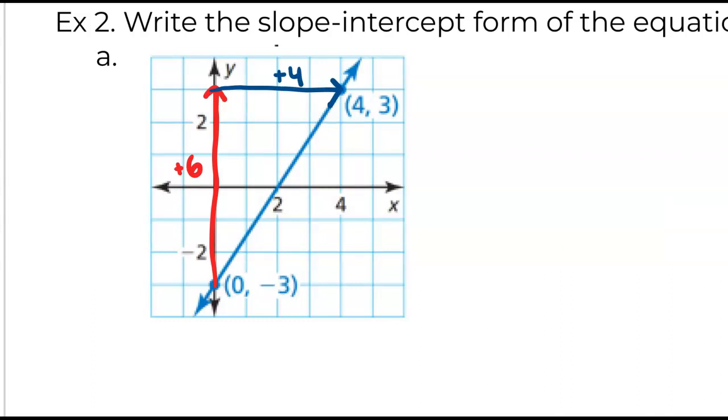So we write plus 4. We have to make that a slope though. We take our change in y divided by our change in x. Our change in y is plus 6, our change in x is plus 4, so our slope is 6/4.